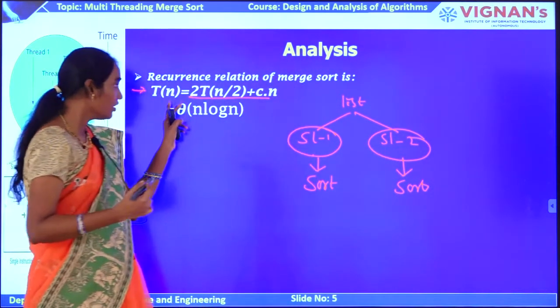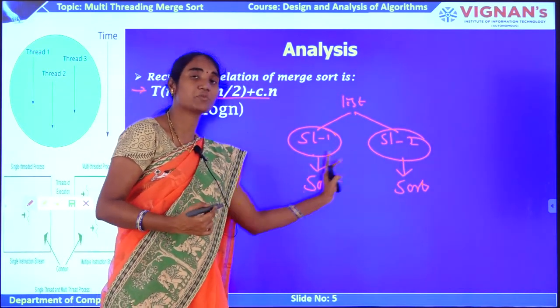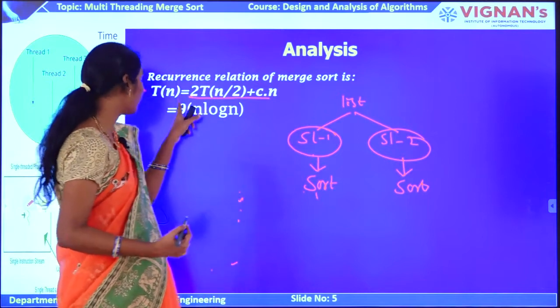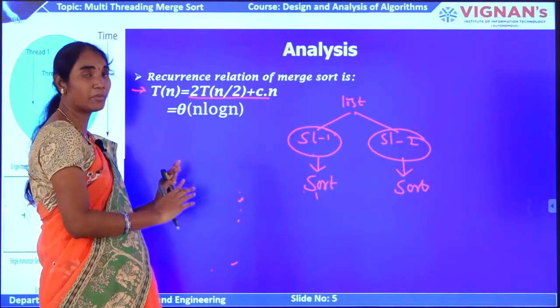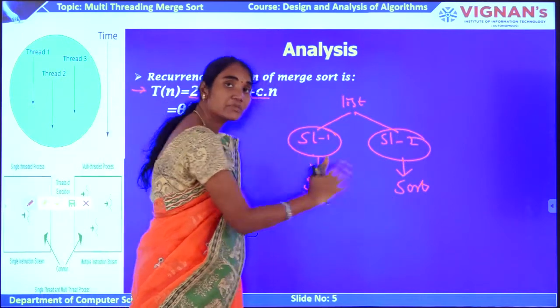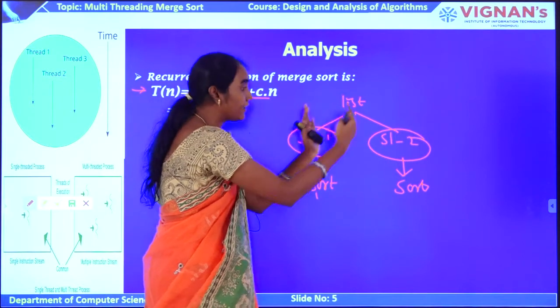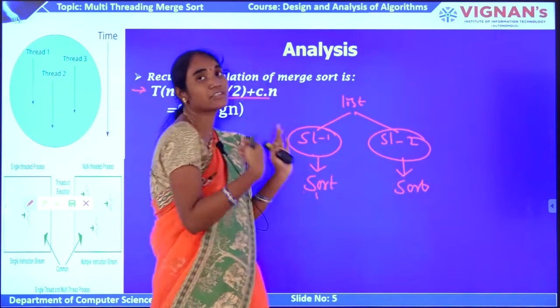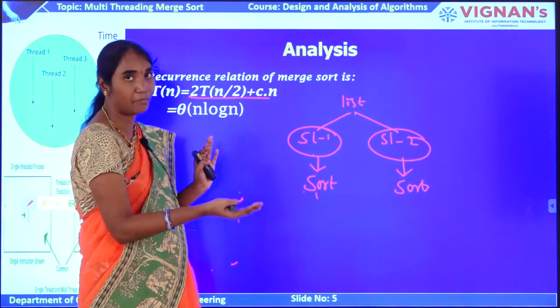So these are two separate lists and they have to be sorted separately. For that we have 2T of n by 2: the time required for one half list is T of n by 2, and the time required for the remaining half list is T of n by 2. That's why T of n by 2 plus T of n by 2 is 2T of n by 2.